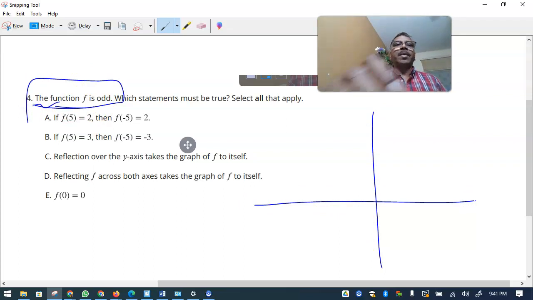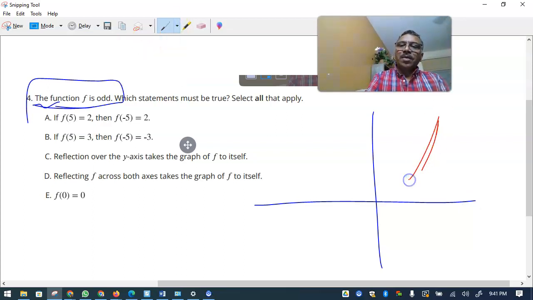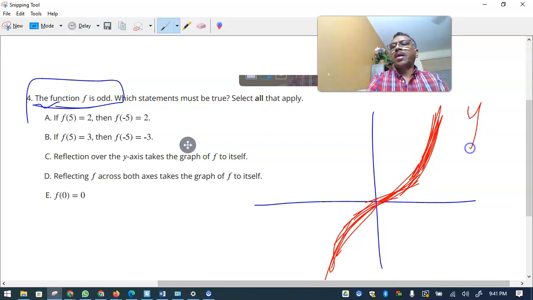I'll take an example. Maybe this one. So let me draw a cubic function. So this is a cubic function. Okay, let me draw. This is like y equals x cubed. That's an odd function.